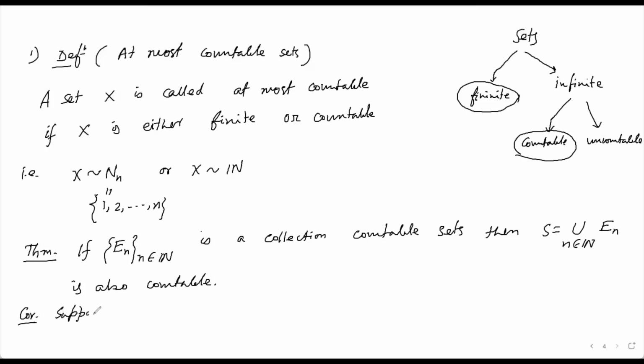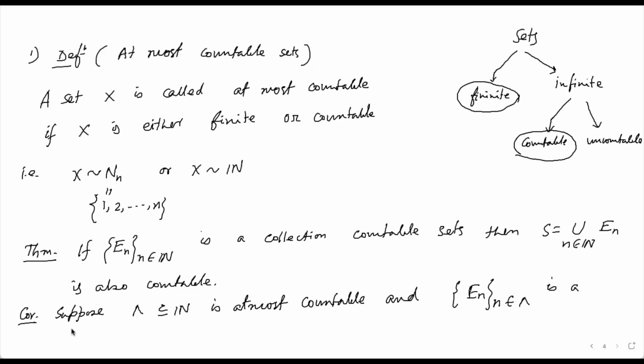Suppose Lambda is a subset of the set of all naturals, and suppose Lambda is at most countable, and E_n for n belonging to Lambda is a collection of at most countable sets.